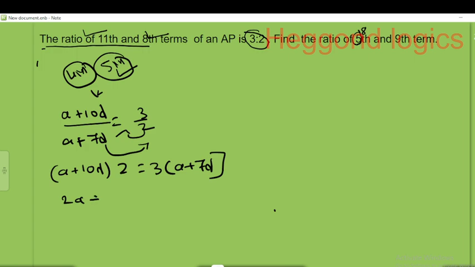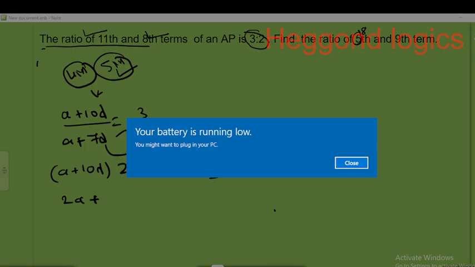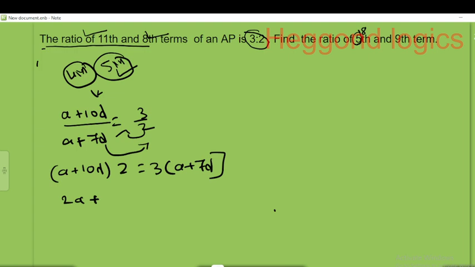2 into a is 2a, and 2 into 10 is 20d. 20d is equal to 3 into a is 3a, 3 into 7 is 21d.